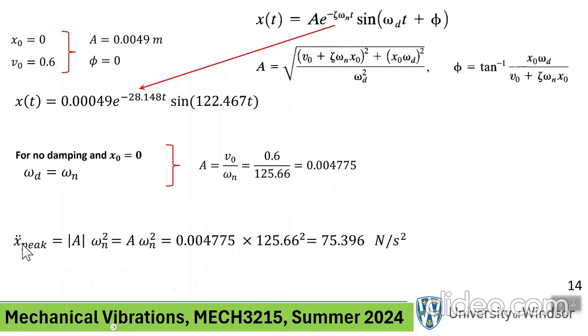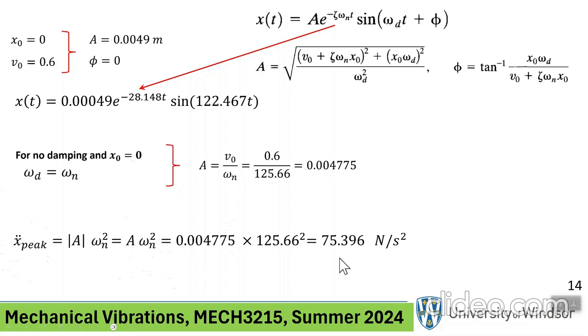And we are asked to find the maximum acceleration. So the maximum acceleration is x double dot peak, right? Now, I didn't have to do that. I know from lecture 1 what this is. It is A omega n squared, right there.